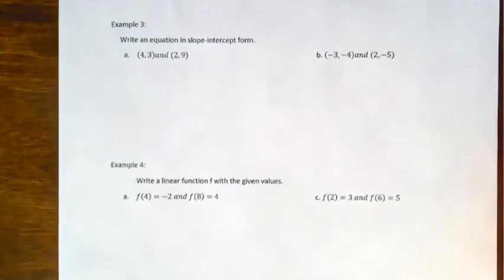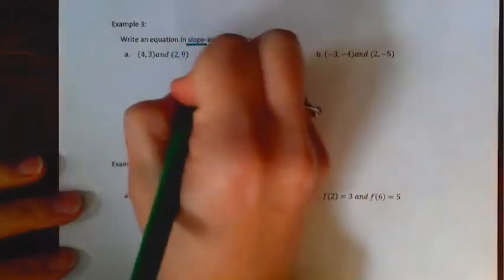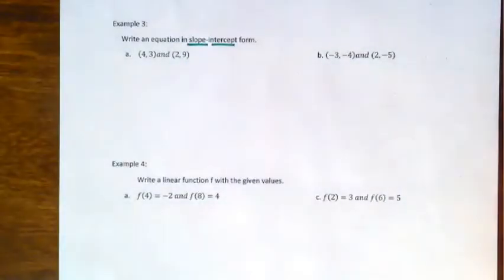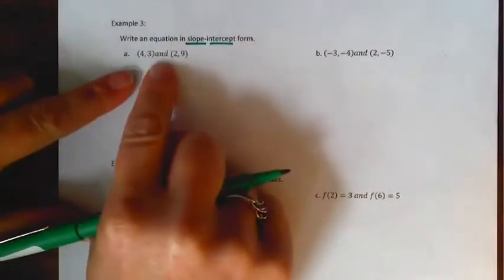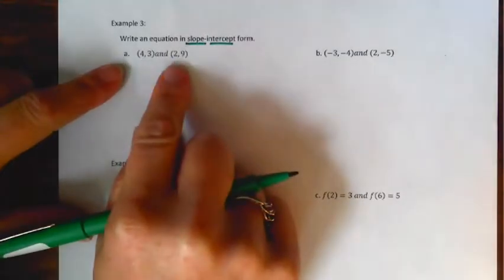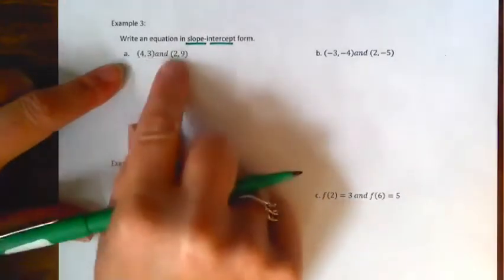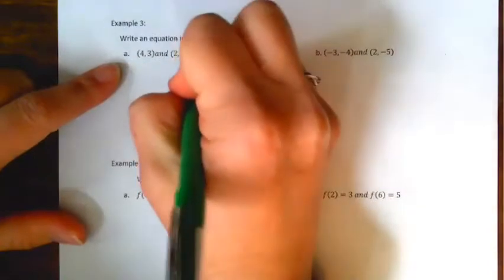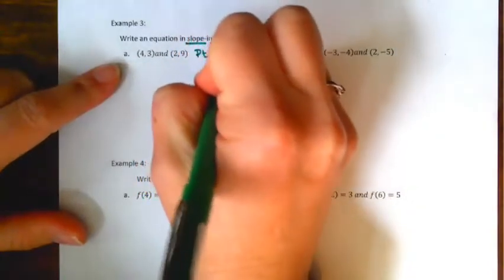Example 3. Now, example 3 is different than the other ones because now it asks for slope intercept form. But if I look at this, obviously I don't have my slope, so I have to find my slope. Is any of these the y-intercept? No. So since neither of these are y-intercept, we have a point and a slope, or we can find the slope.